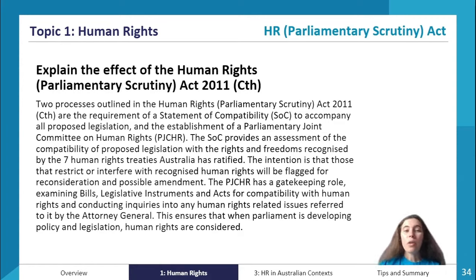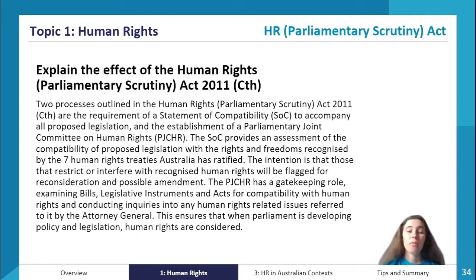Next up, let's have a look at the effect of the Human Rights Parliamentary Scrutiny Act 2011, which is a Commonwealth piece of legislation. So there are two processes outlined in this act.